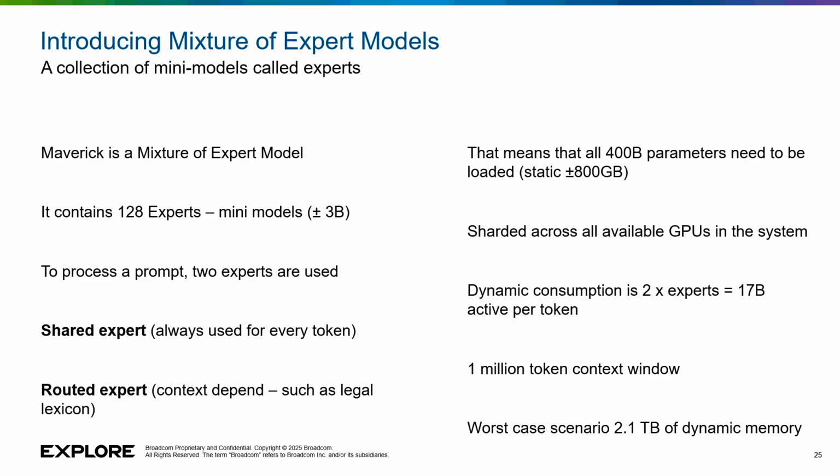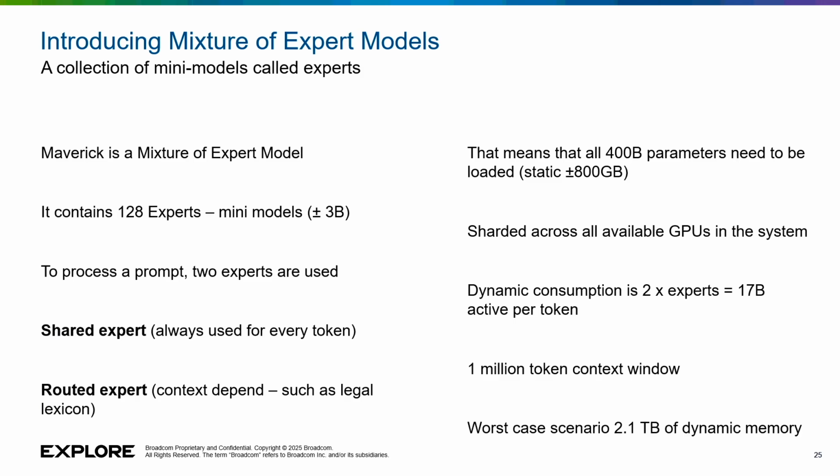So from a static perspective, it's a really large model. But from a dynamic perspective, you typically use two experts. You use a domain expert, and you use a general model that can convert into natural language, that understands how to express itself. And that means that the dynamic use is not as large as loading the entire model.